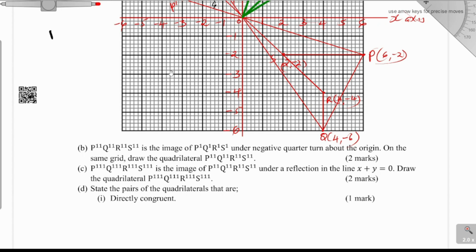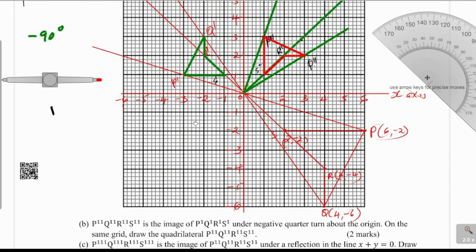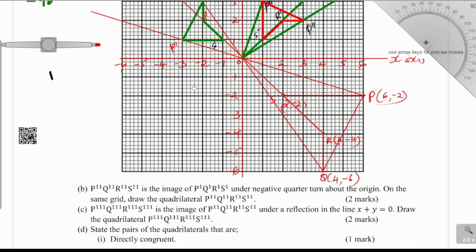Draw the quadrilateral P3, Q3, R3, S3. So the image that we've just obtained, that is P2, Q2, R2, S2, should undergo a reflection in the line x plus y is equal to 0 in order to give P3, Q3, R3, S3.